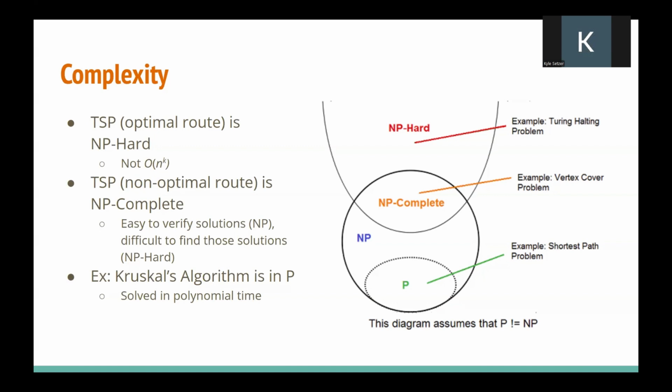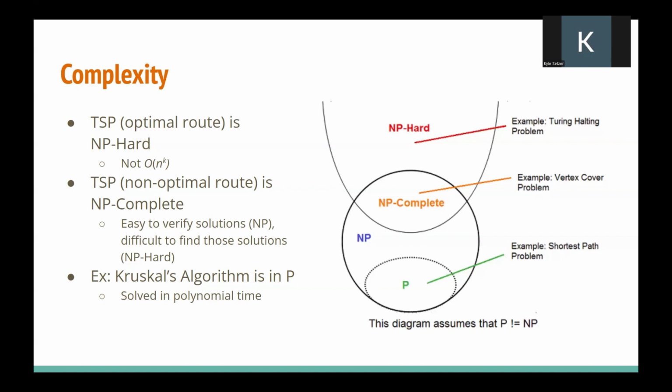Compare this with something that is a non-optimal route, so perhaps some constraints have been relaxed on what we are trying to find, and we're not trying to find the most optimized route for the traveling salesman problem. This is considered NP complete. NP, for brevity, is non-deterministic polynomial time. So for NP hard, there exists no known polynomial time algorithm.